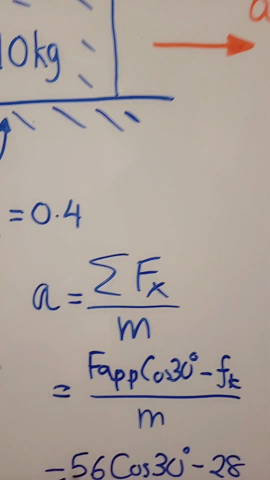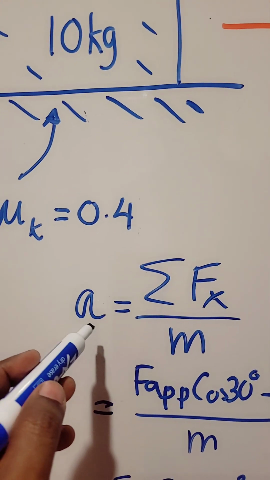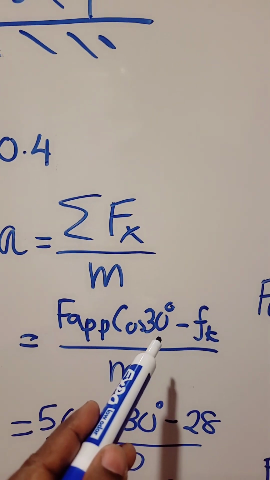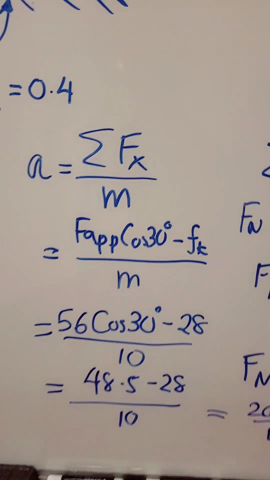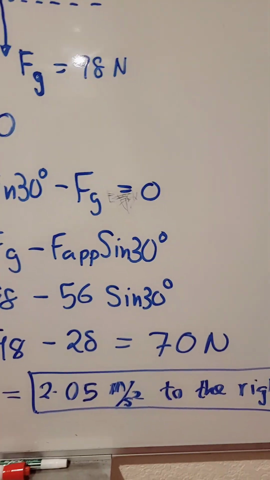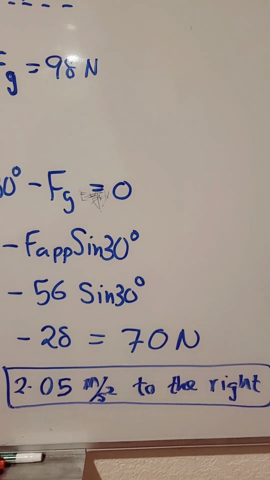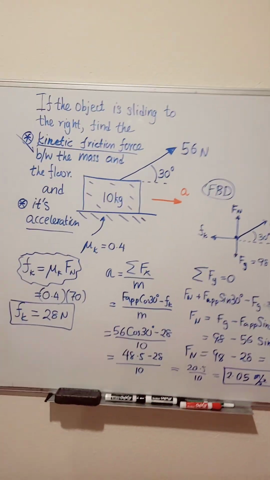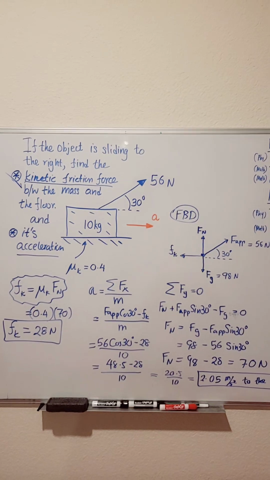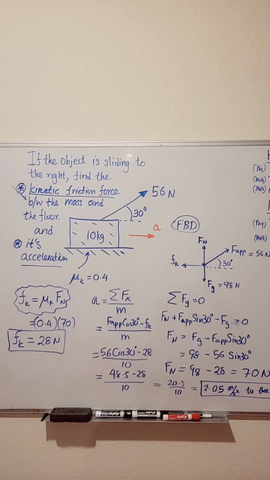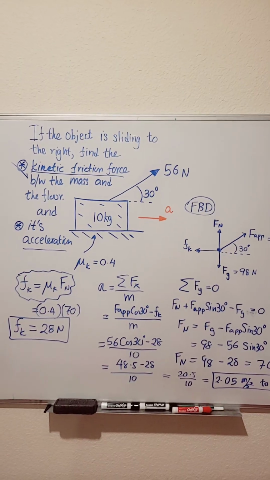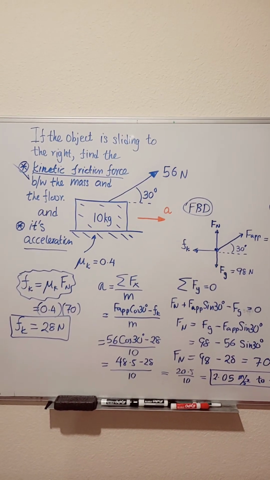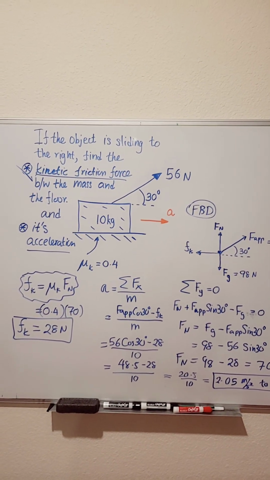So finding the acceleration in the x direction, f applied cosine 30 minus f of k divided by m, and that's how you get the acceleration, guys. Okay, so look, this is a pretty hard problem, but I hope you learned something important today. This is basically application of Newton's laws.